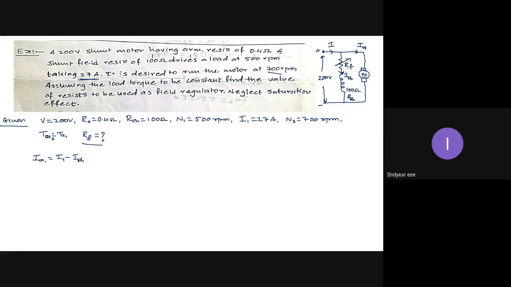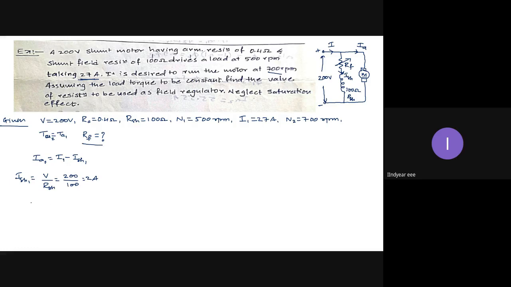So when the motor is running at 500 RPM, there is no additional resistance in the field. RF is absent. So this will be ISH1, because in the second case I am adding a field rheostat, therefore my shunt field current changes. So ISH1 here is V divided by RSH, so 200 by 100, 2 amperes.